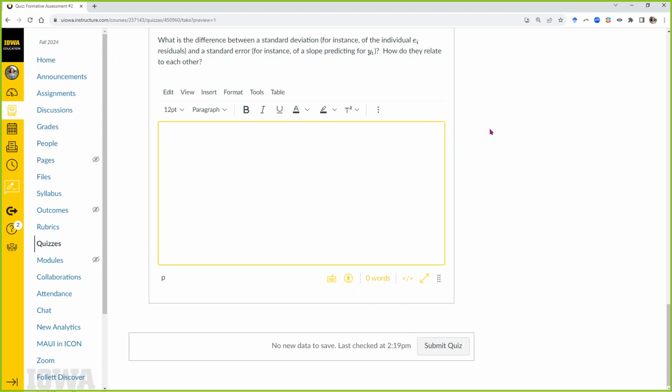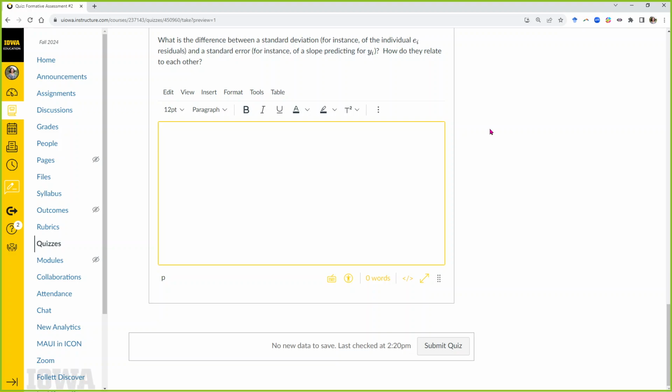So then how do the standard error and standard deviation relate to each other? Both measure inconsistency. You think of how Lisa talked about the width. They both measure width. It's what you're comparing to your reference values.